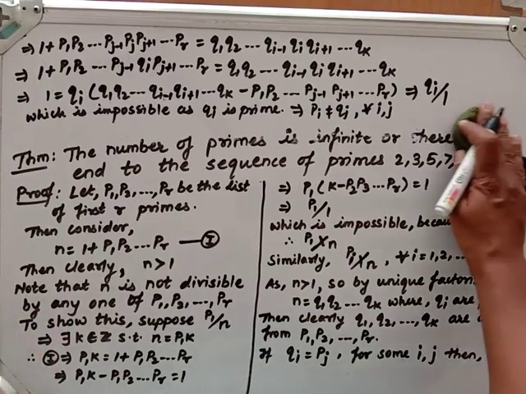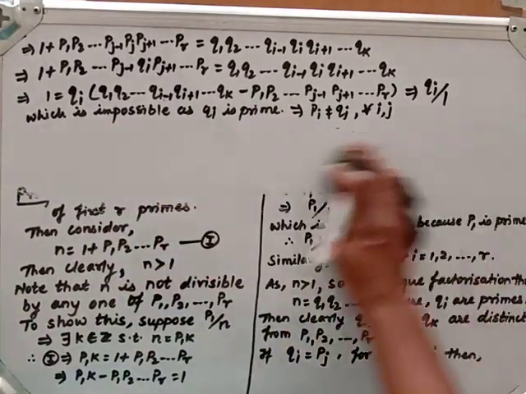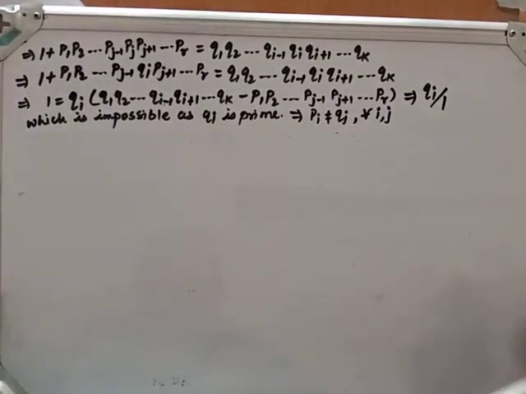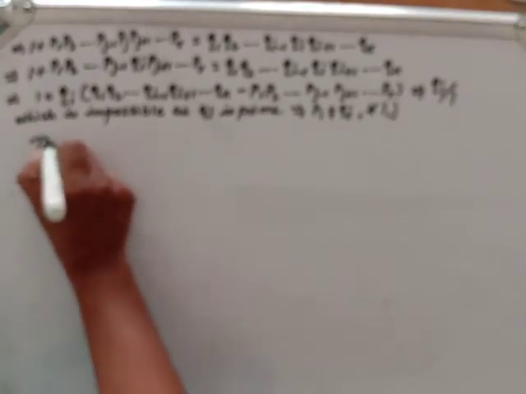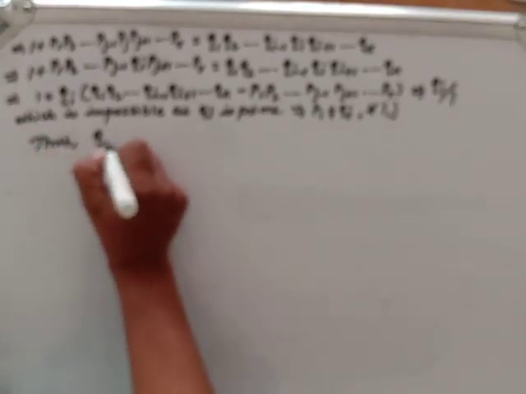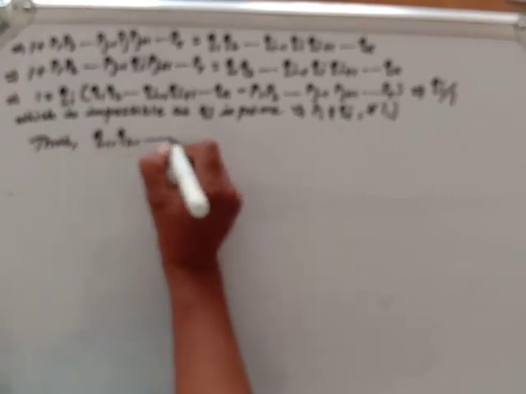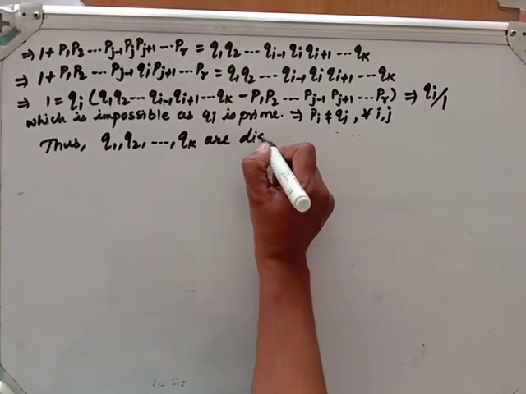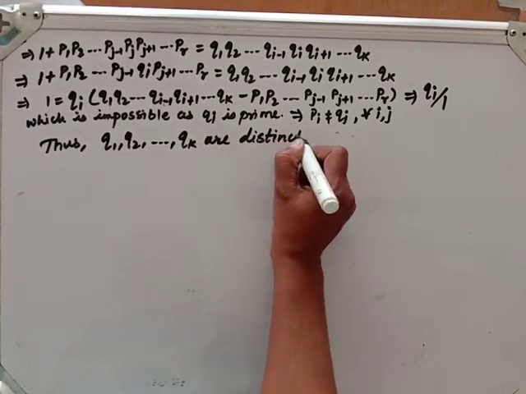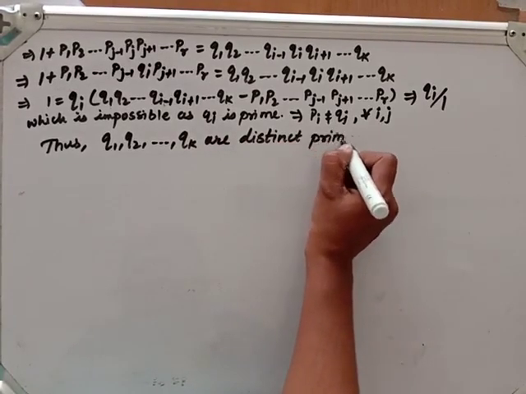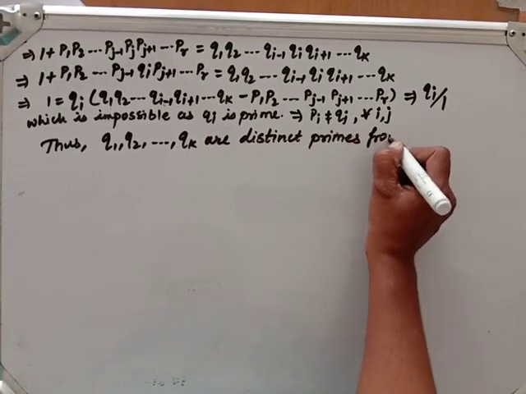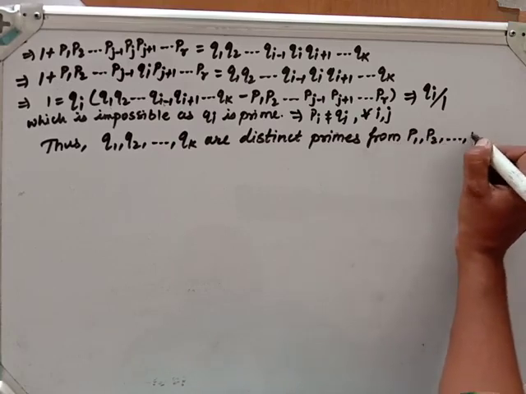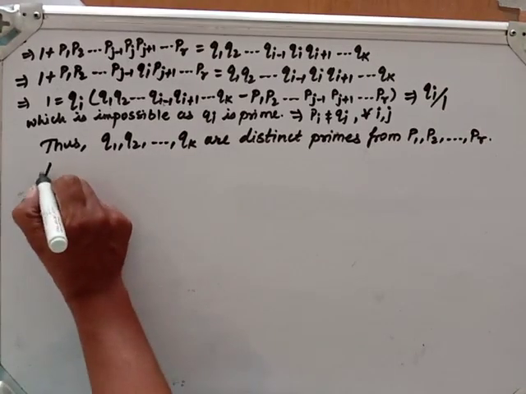Finally, I must write that thus q1, q2, so on up to qk are distinct primes from P1, P2, so on up to Pr.